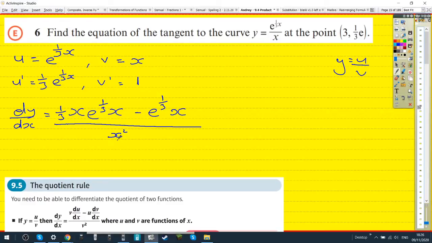Okay, tangent to the curve. So that's the gradient. I know what x and y is. If I sub in the number 3 for all x values, that'll give me the gradient. And they want an exact answer.